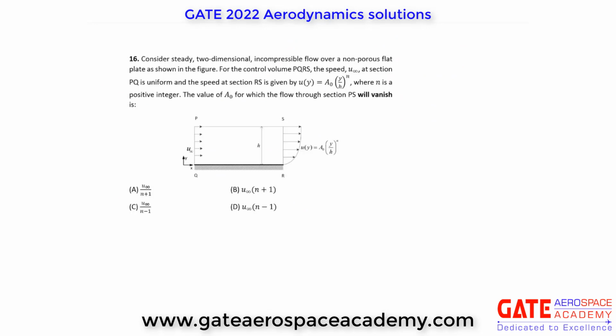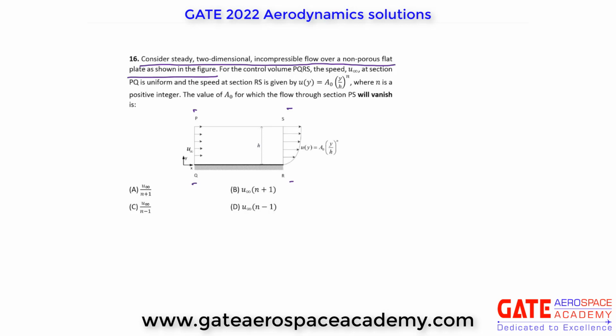Question number 16. Consider steady two-dimensional incompressible flow over a non-porous flat plate as shown in the figure. For the control volume PQRS, the speed u infinity at section PQ is uniform.